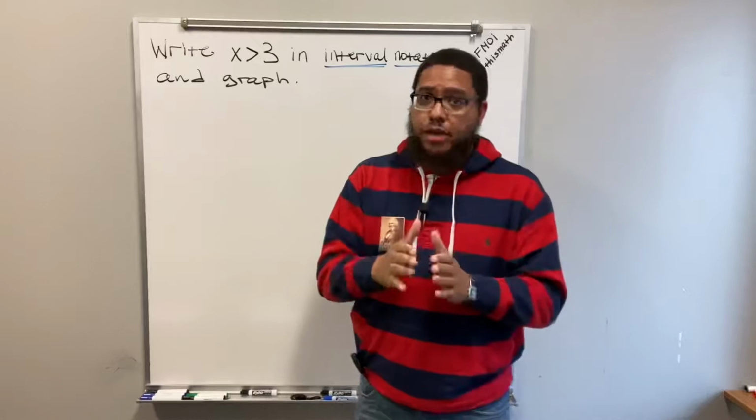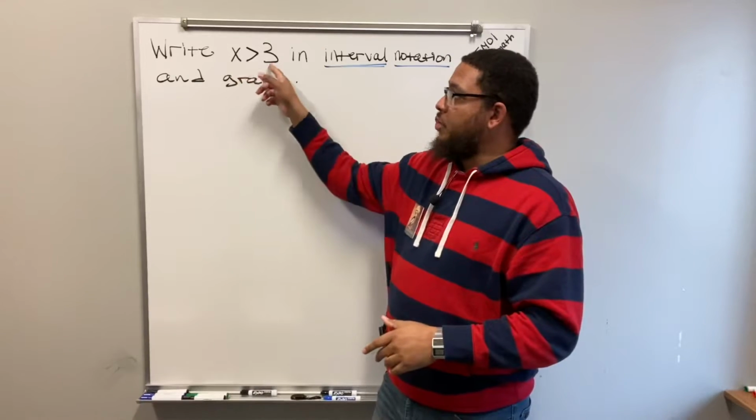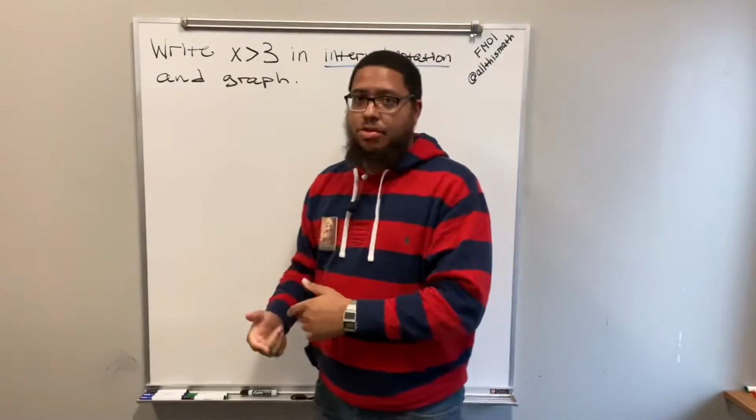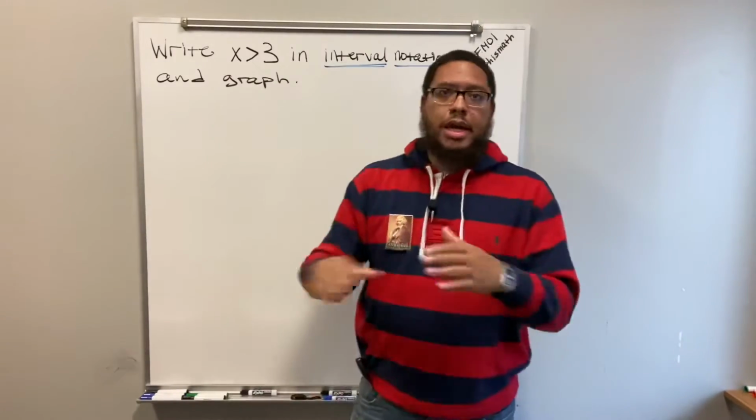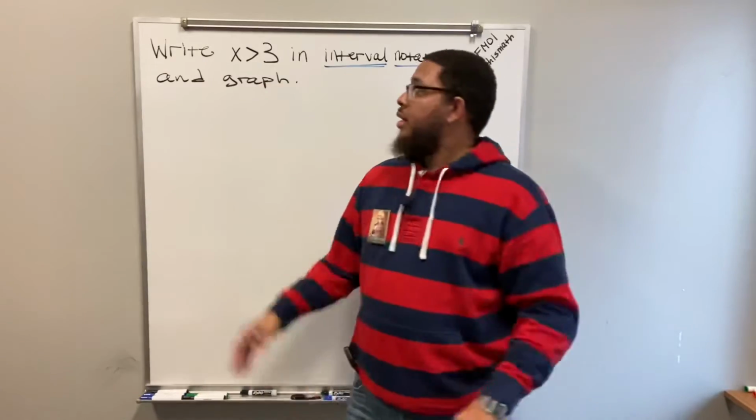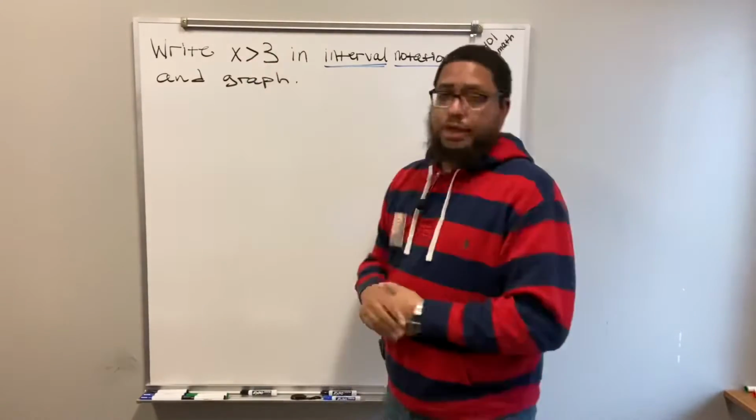It can't be 3 because it's not also equal to 3. It's only greater than 3. It's not any number less than 3, so it can't be 2, it can't be 1, can't be 0, can't be negative, all right? Any value greater than 3.